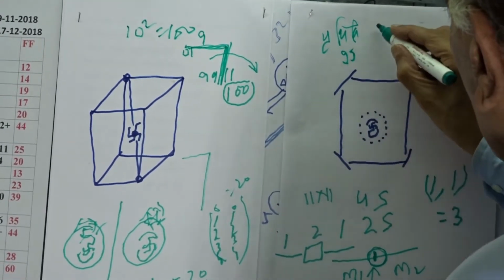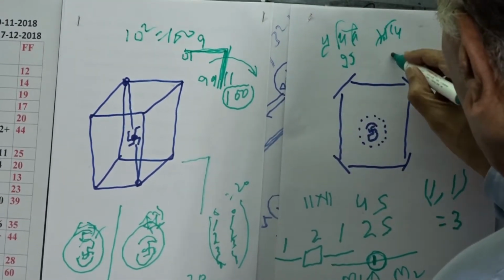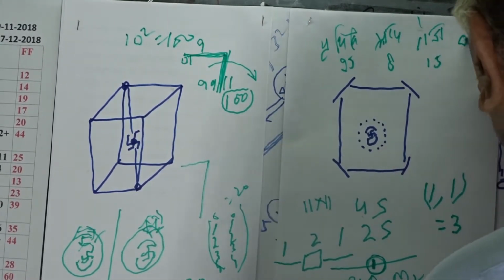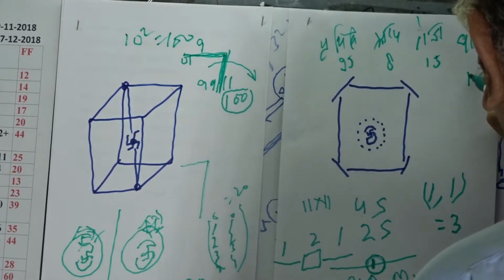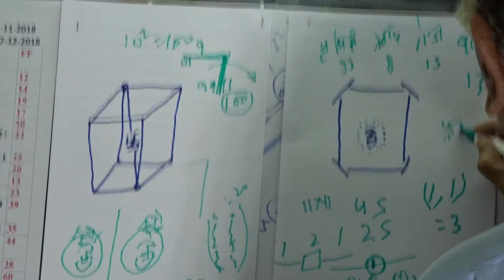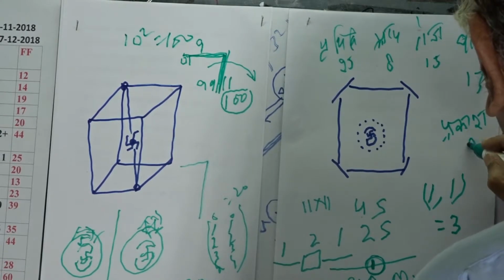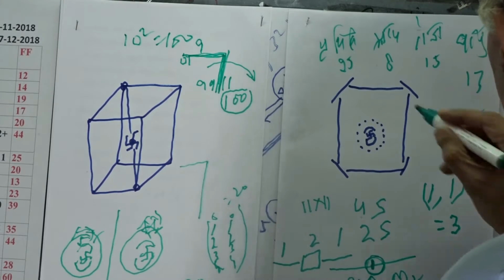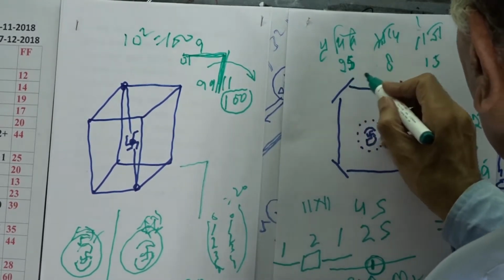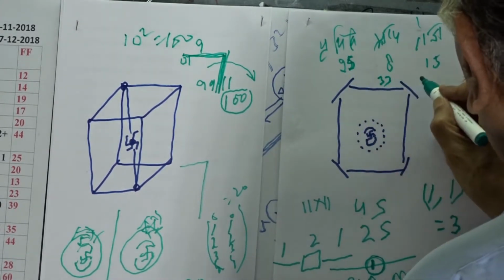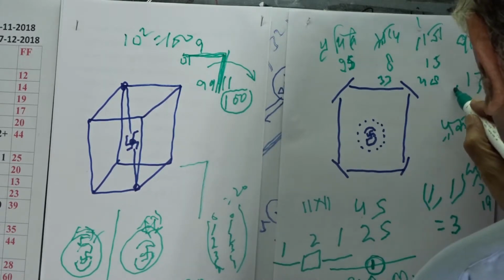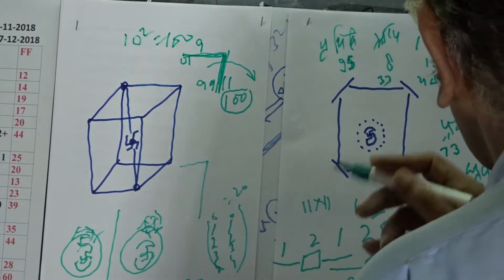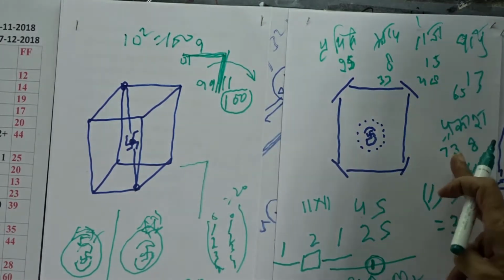Prithvi 25, Apa 8, Tej 15, Vayu 13, Akash 8, and Dhruv 19. See, 25, 8, 33, 48, 61, 69.